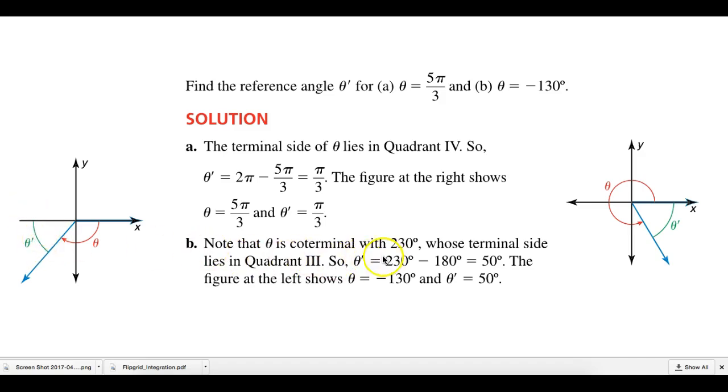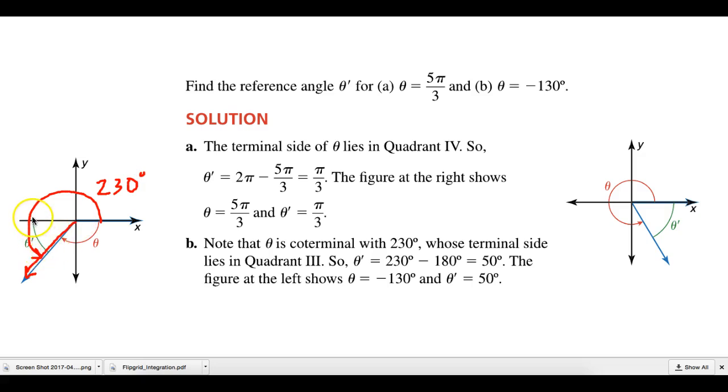Now, if you have trouble working with negative angles and seeing that distance, you could also realize that negative 130 is coterminal with 230. If we were looking at 230, this would be our angle, with the same terminal side. This is where coterminal angles come in handy. If a negative angle is giving you a hard time, look at the positive angle, 230.